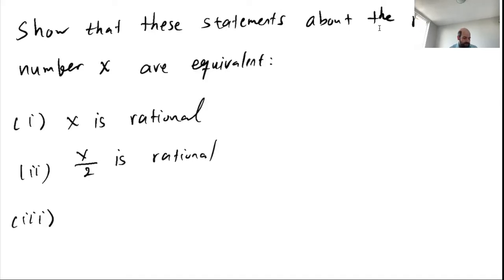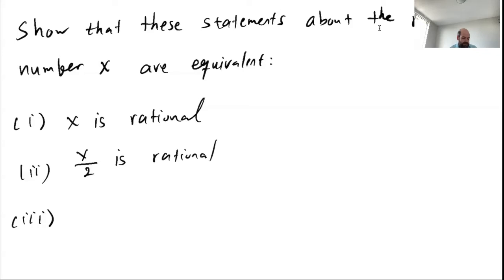And then I need to prove 3 implies 1. So suppose that, so 3 implies 1, we have to start with 3. Condition 3, where is condition 3? 3x minus 1 is rational. So suppose that 3x minus 1 is rational.